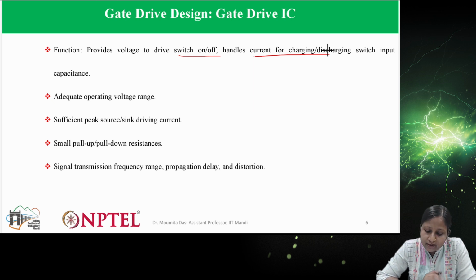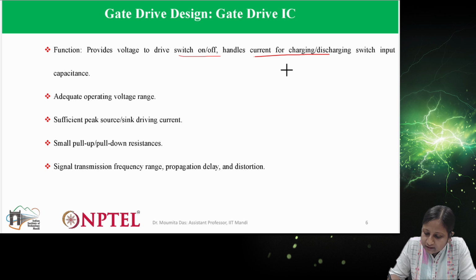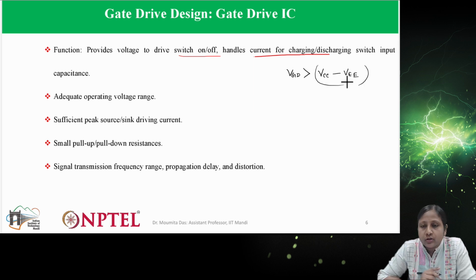Because it provides voltage to switch on and off, what should be the rating of this gate drive? The voltage rating of this gate drive should be more than the supply voltages. If we have two supplies, then VCC minus VEE, so the gate drive voltage should be this.